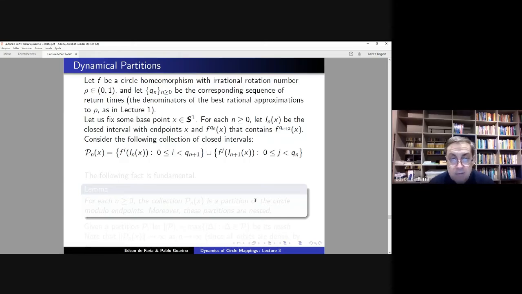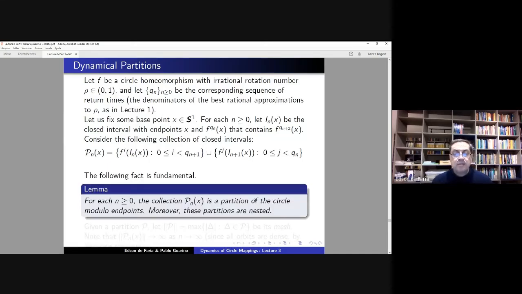When you do that, you get a collection of closed intervals on the circle, and the fundamental fact here is that this collection of intervals is a partition of the circle, modulo endpoints, okay? Moreover, these partitions are nested. So P_{n+1} of x is a refinement of P_n of x, although it's not a strict refinement, but that's another story.